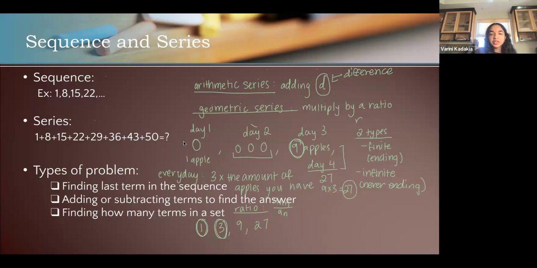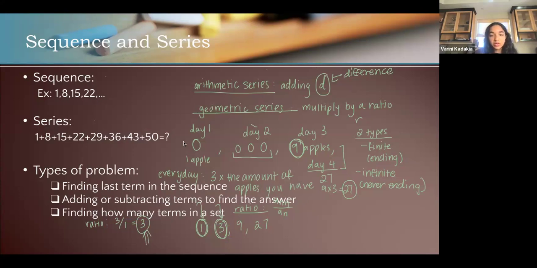If we were finding the ratio of this series, we'd do 3 over 1. So our ratio would be 3 over 1, which equals 3. So it's every number times 3. The ratio is the number you multiply by.